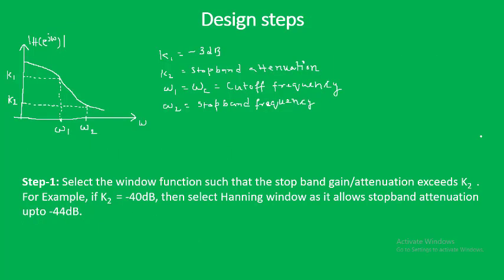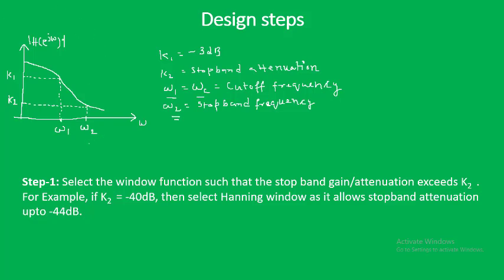So now what are the design steps? First, you will be given these things: K1 value and K2 value, related to the pass band and cutoff. K1 represents the minus 3 dB bandwidth, K2 is the stop band attenuation, omega 1 is the cutoff frequency, and omega 2 is the stop band frequency.